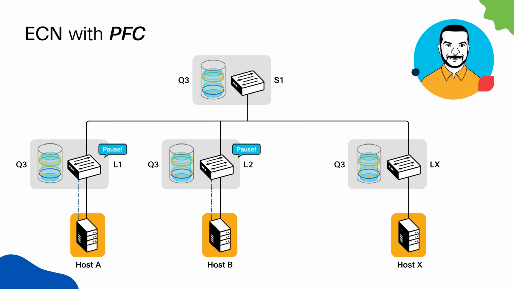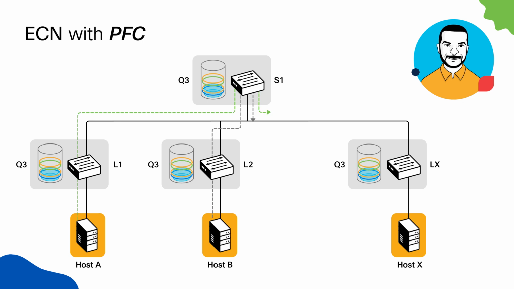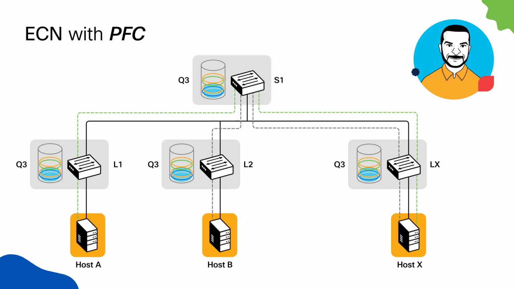No, don't slow down, actually pause, completely pause, because now we need to just breathe. So when they pause, they don't send for a period of time, and then when they stop receiving PFC packets, which means that the buffers are now empty, this is where they start sending again at the normal rate. Of course, you can combine ECN and PFC together.